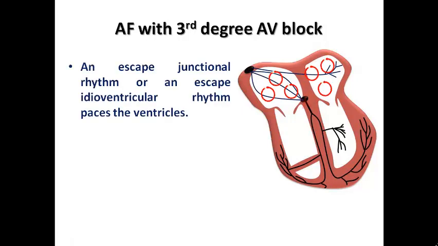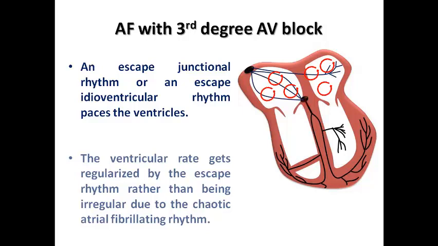So when we have complete AV block, an escape junctional rhythm or escape idioventricular rhythm paces the ventricle, so the ventricular rhythm would be regular by the escape rhythm because the atrial chaotic rate is not transmitted to it. So any patient with AF who gets regular ventricular rate, I would expect that this patient developed complete AV block. So this is a very important thing to consider in ECG diagnosis.